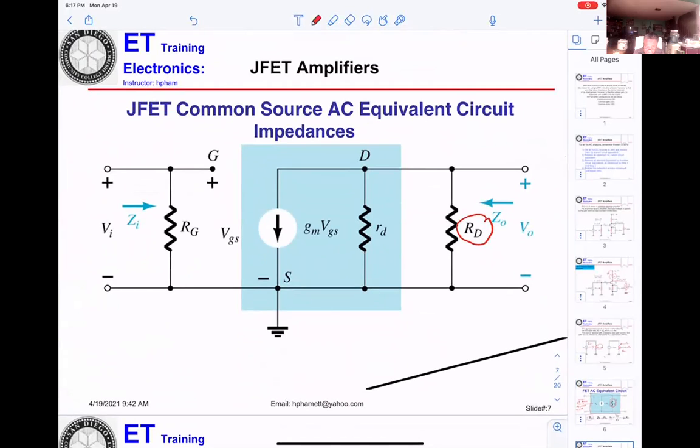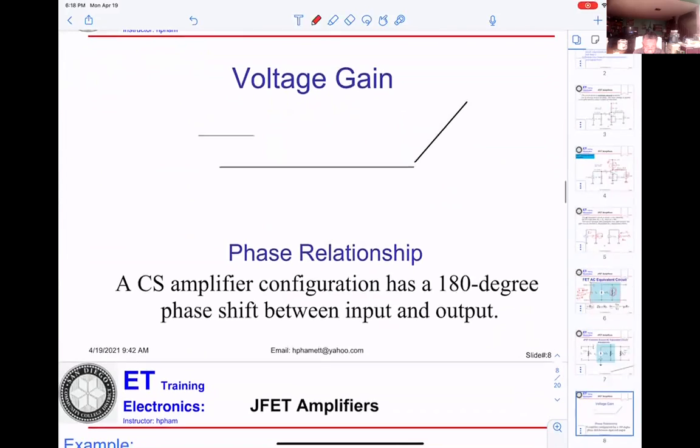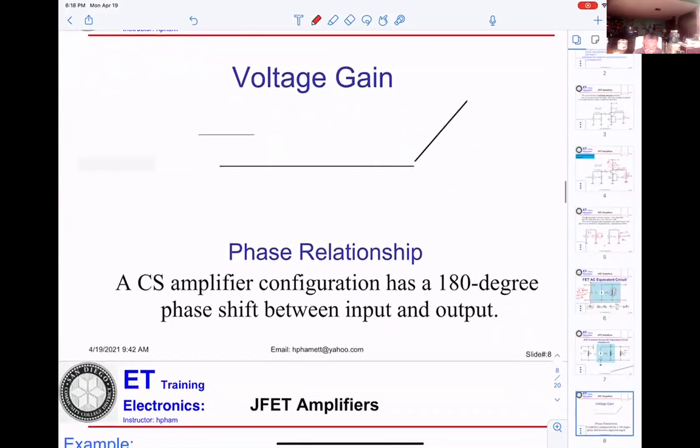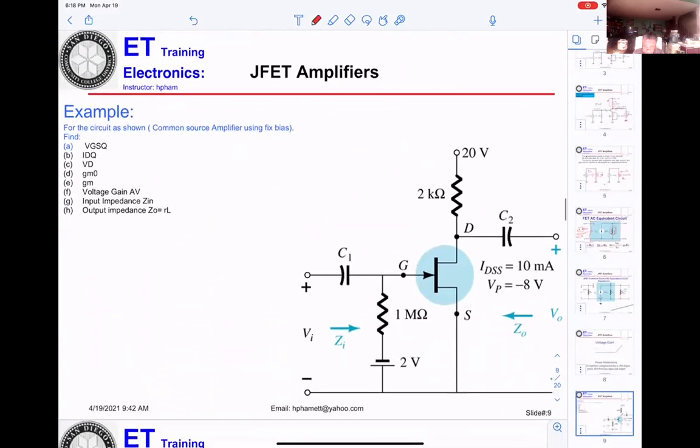That's a load resistance, okay? Or RD, just a drain resistance. Then, let's see, phase relation: a common source amplifier configuration has a 180 degree phase shift between input and output.